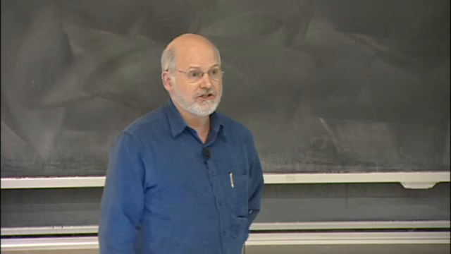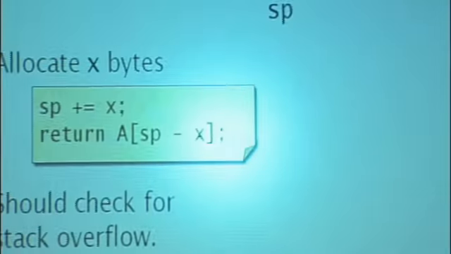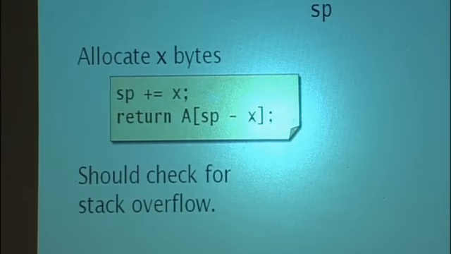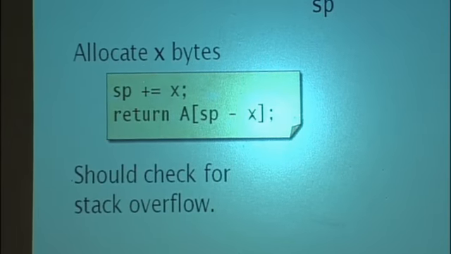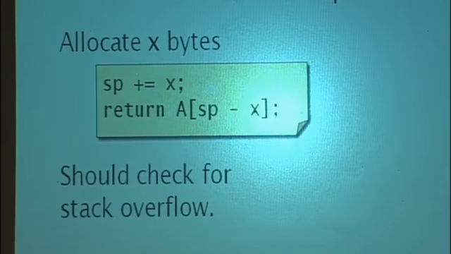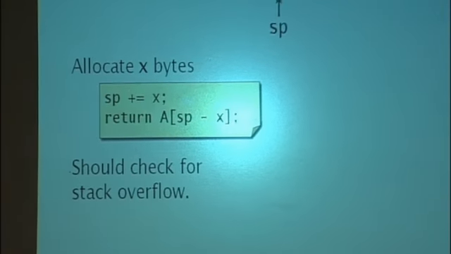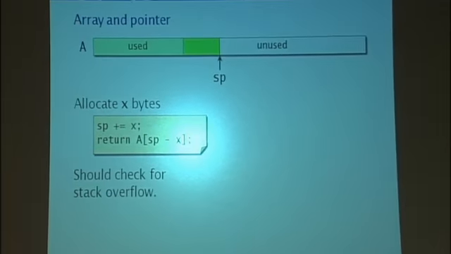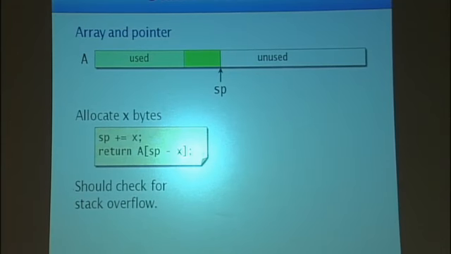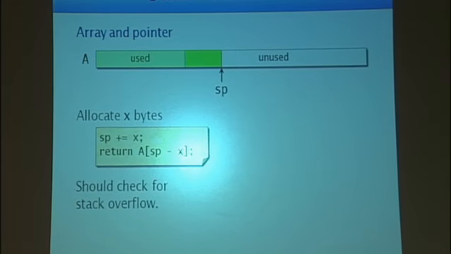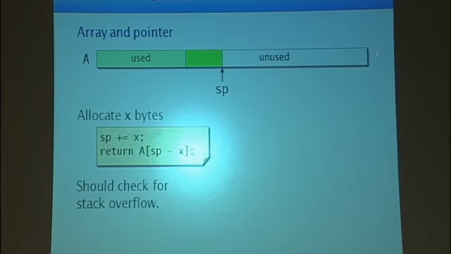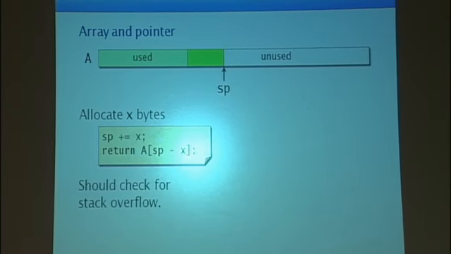Technically one should check for overflow, and one way to do that is with the assert package, and that way at runtime you don't have to pay the extra overhead of checking. You can see these operations are so cheap that actually checking for overflow is perhaps as expensive as doing the rest of the operations themselves. Checking to see whether you went over the right end of the array here.